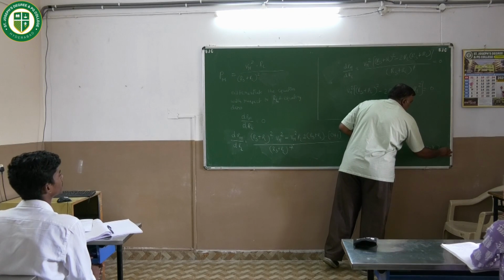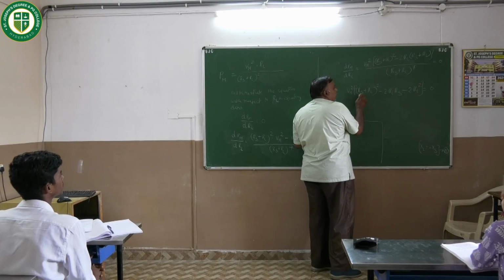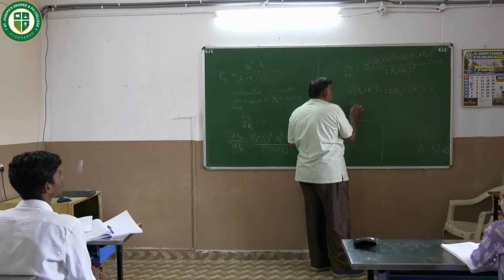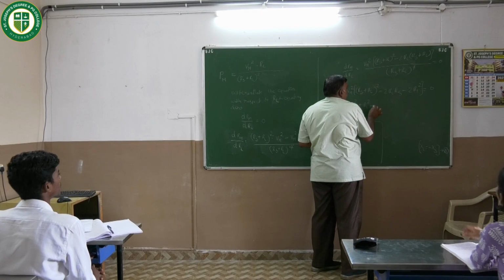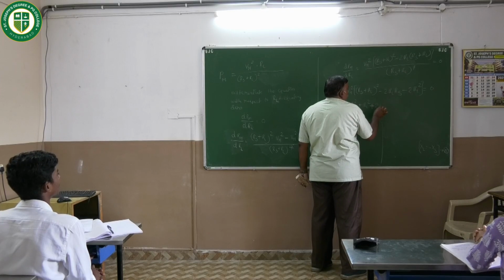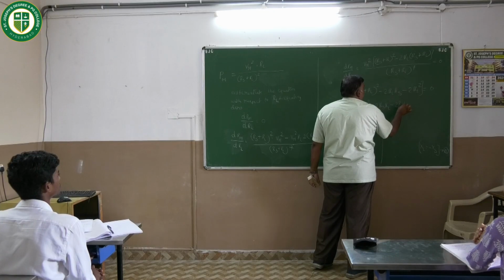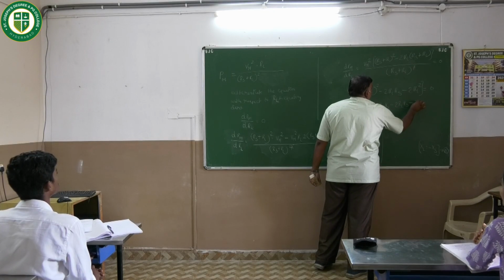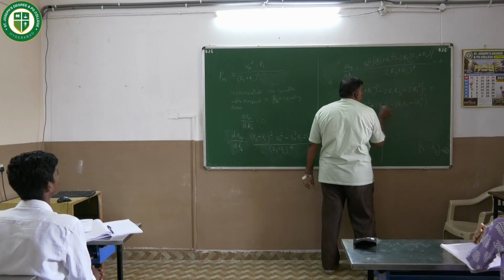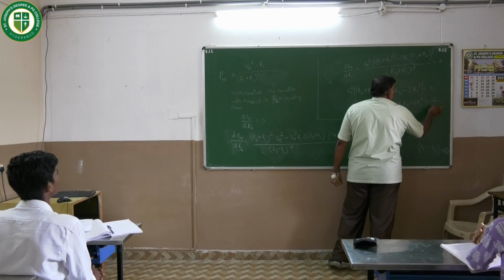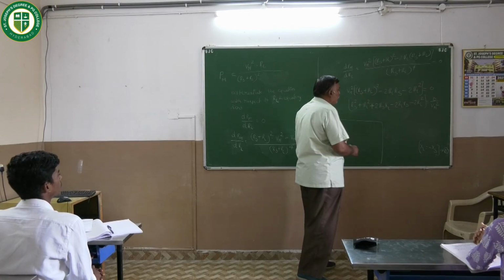Now if I expand this expression, that is going to be RS square plus RL square plus 2RS RL minus 2RL RS minus 2RL square is equal to 0 by Vm square. 0 by something is simply 0.